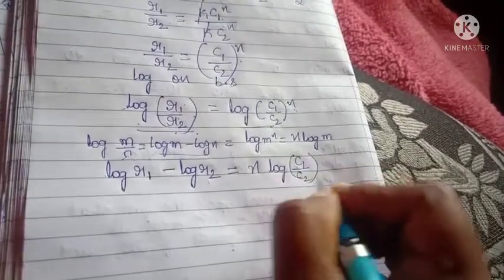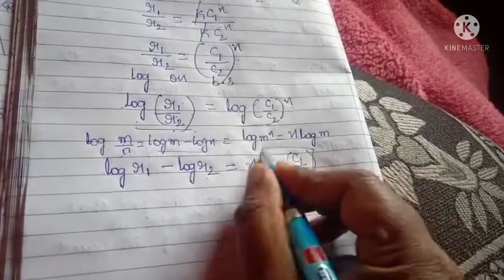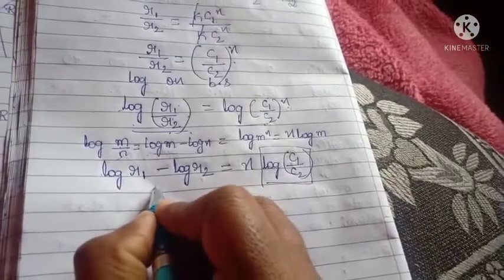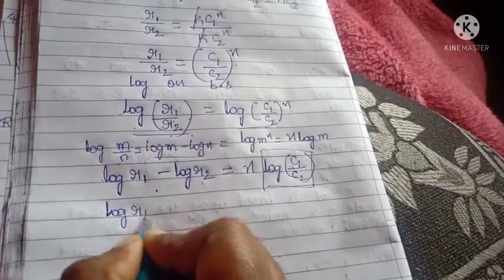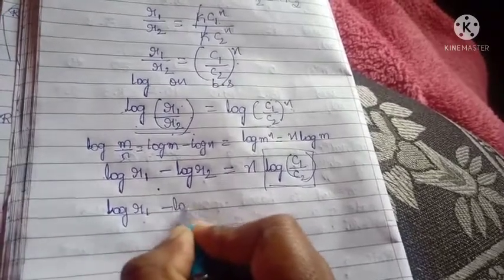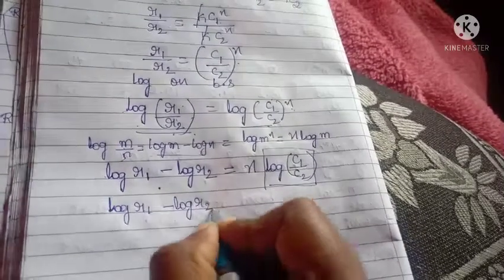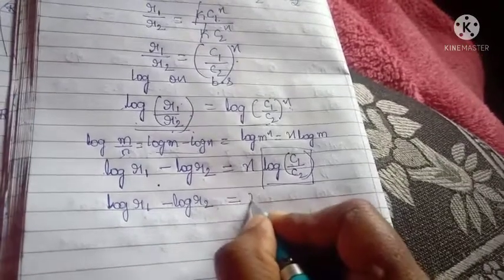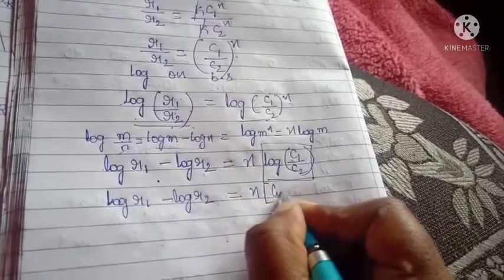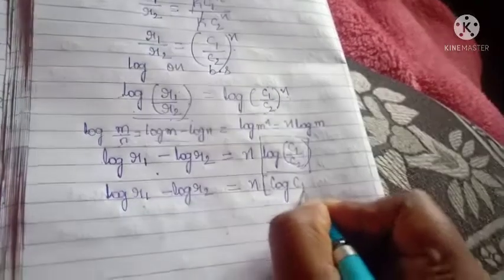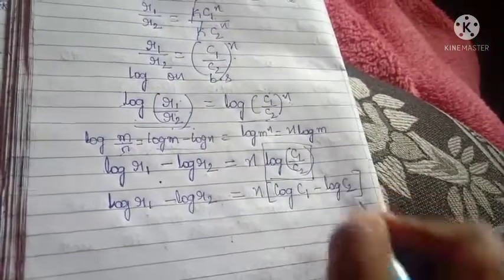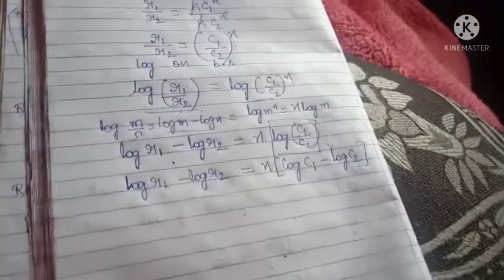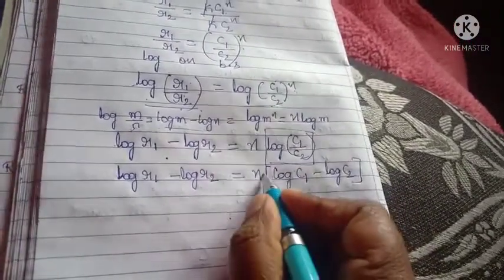Okay, again this will be written like this. So then log R1 minus log R2 is equal to n into log C1 minus log C2. Okay, here we are calculating the order of the reaction.